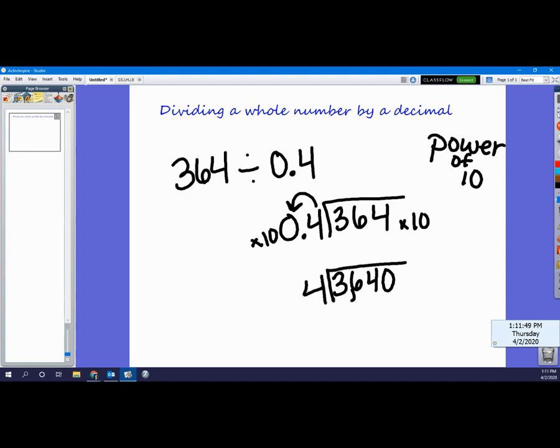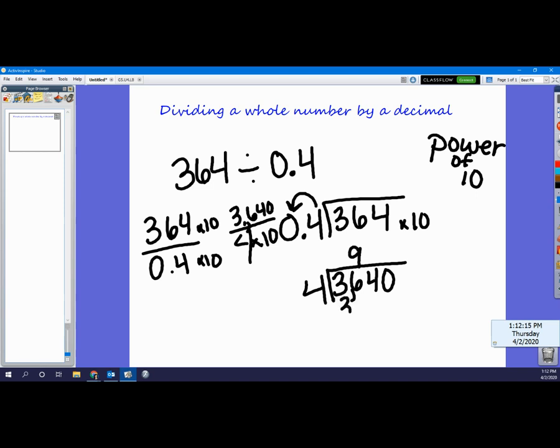Now, if we wrote this as a fraction and used a multiplier of 10, it would give us an equivalent fraction. Sorry, running out of room here. And so because these two problems are equivalent fractions to each other, or equivalent proportions to each other, we can solve this bottom one that doesn't have any decimals.